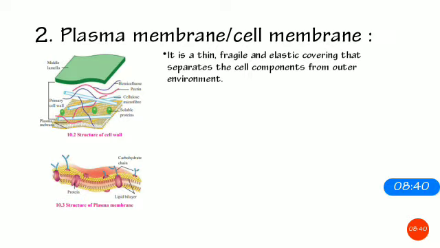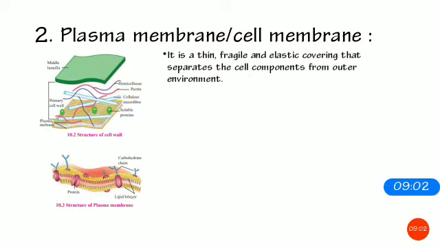For example, if you want to keep your money safe, you keep it in a locker, right? Similarly, the plasma membrane locks the money so that no one can touch it, because you need to be quite safe. Even in our body, the organelles inside are not in direct contact with the environment.